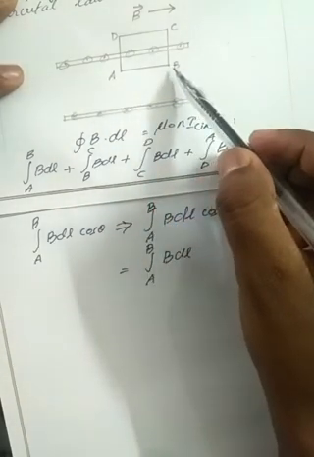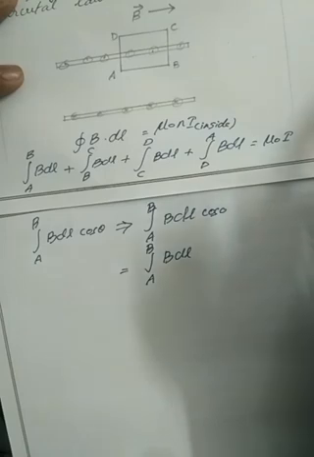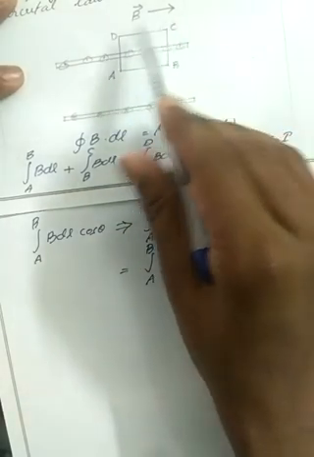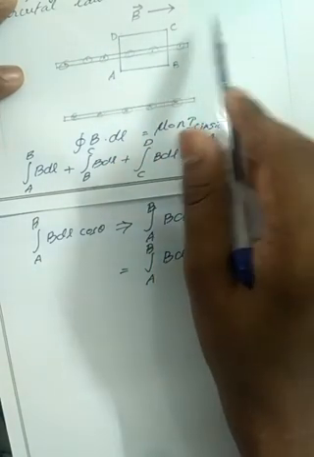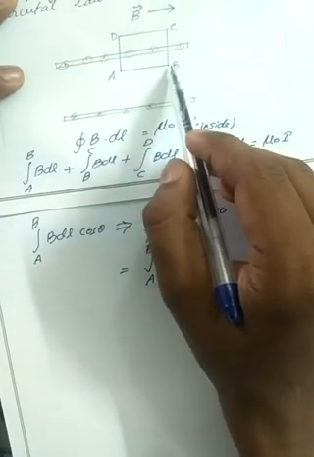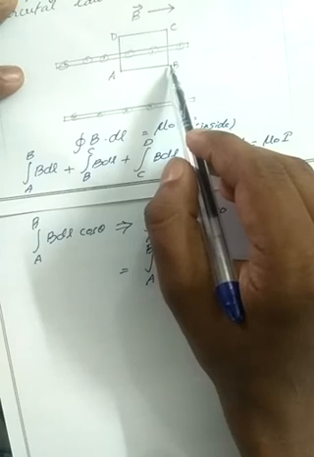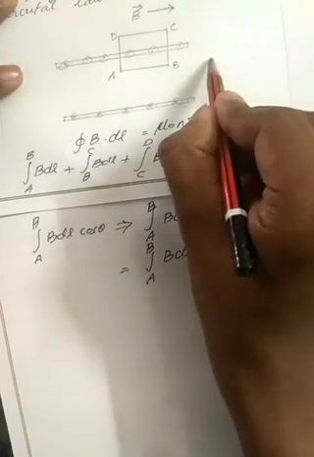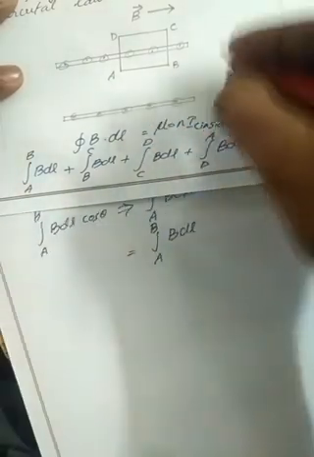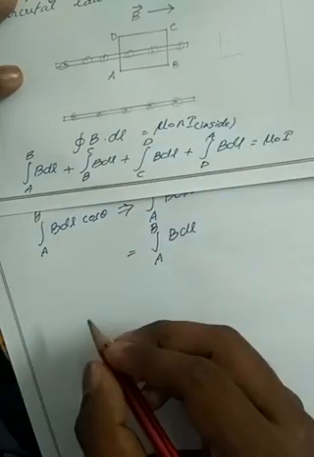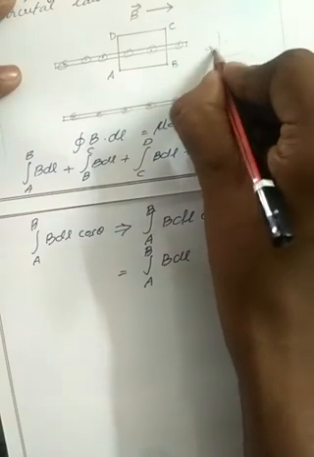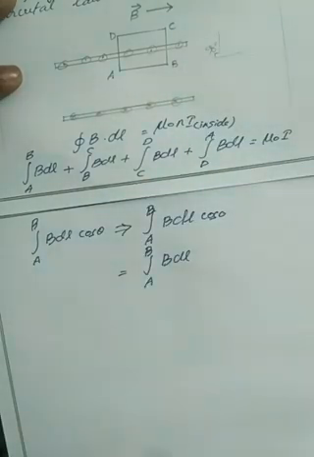If we consider B to C, my direction of magnetic field won't change. It is always from left to right. But our direction of loop creates an angle of 90 degrees with the magnetic field. This is my direction of magnetic field, this is my direction of loop, so the angle is exactly 90 degrees.